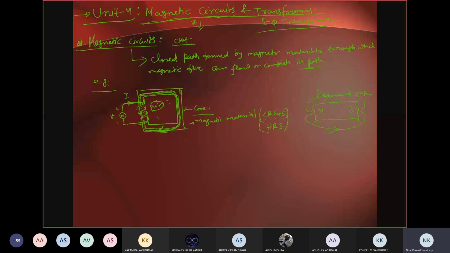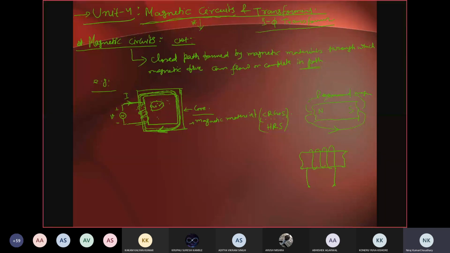But in case of electromagnet, suppose if we consider a magnetic material on which we provide some coil like this, so if we want to make it an electromagnet, then we need to excite this coil with the help of any additional source.